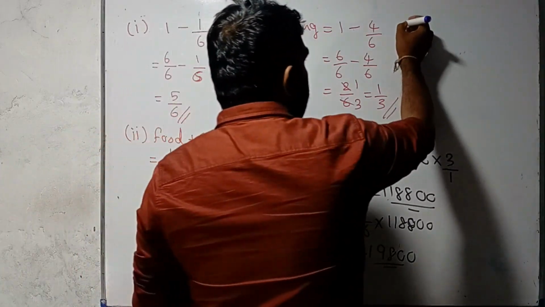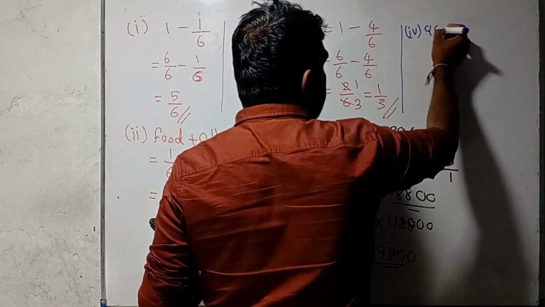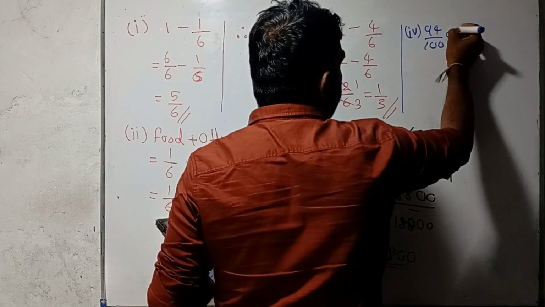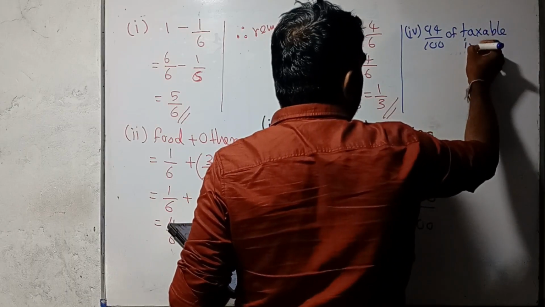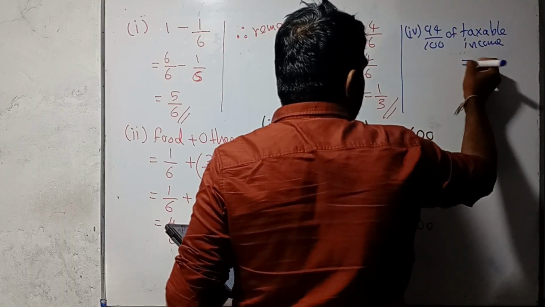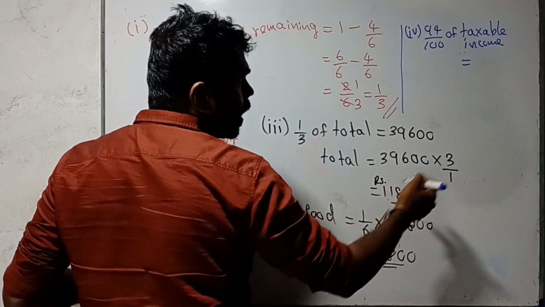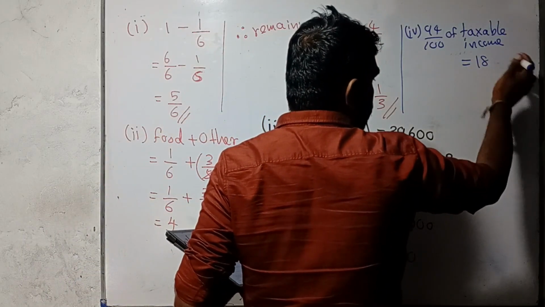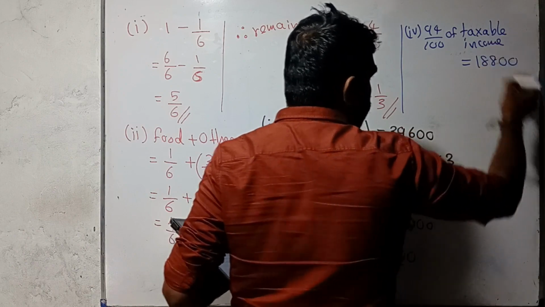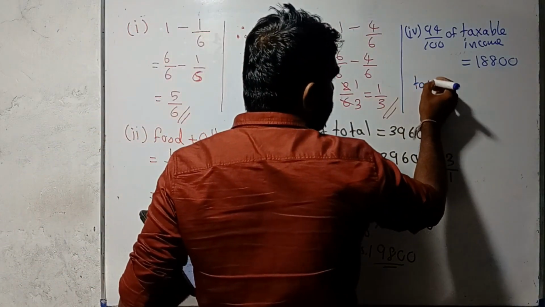We can get 94 over 100 of taxable income should equal this value. Without 100,000, it is 18,800, because 100,000 is the tax-free amount. Then we can find the taxable income.